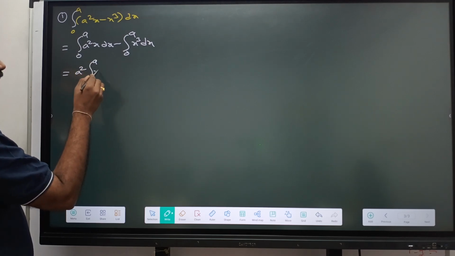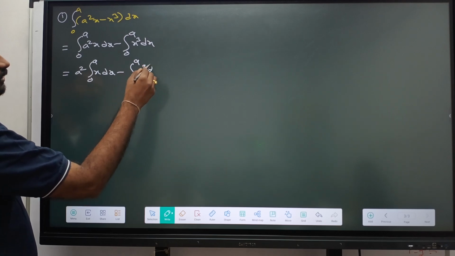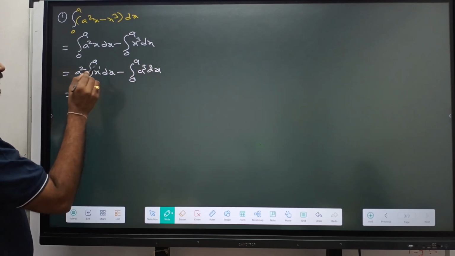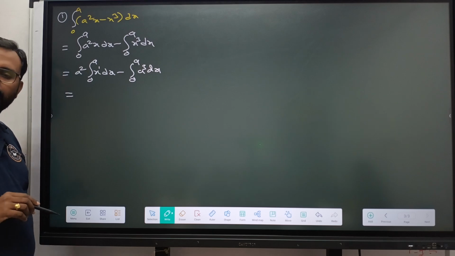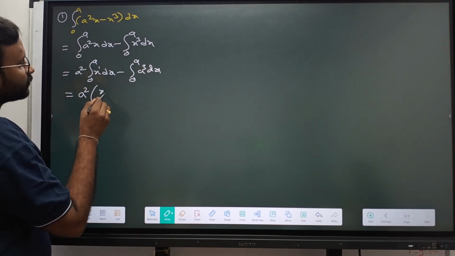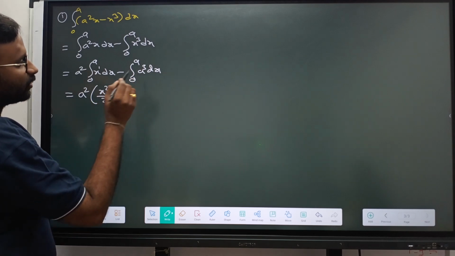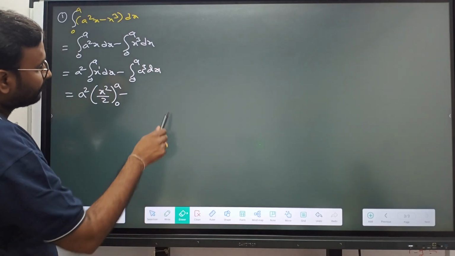Integral 0 to a x dx minus integral 0 to a x cube dx. What is integral x dx? The x power n formula: x power n plus 1 by n plus 1. That is a square into x square by 2. What are the limits? 0 to a. Sorry, x cube, na?